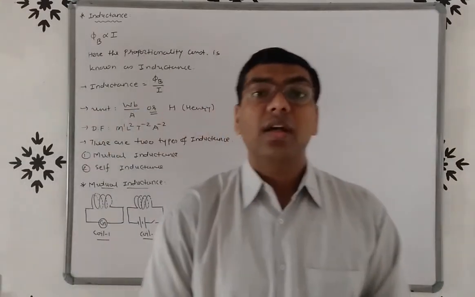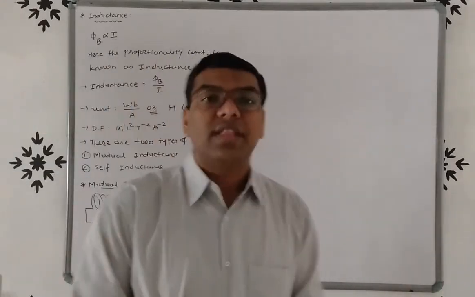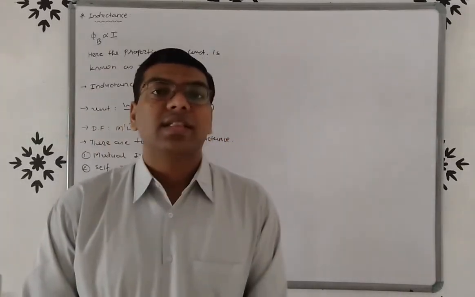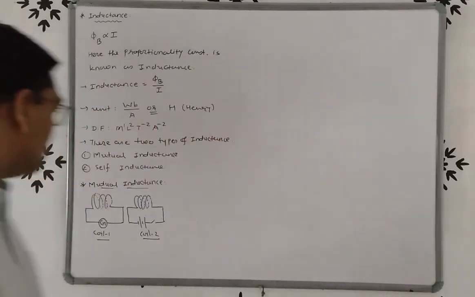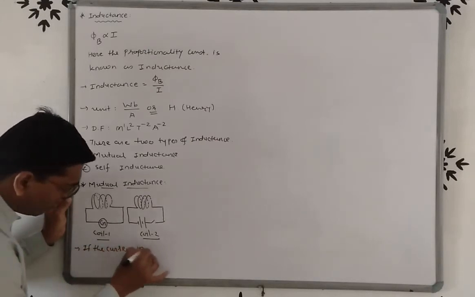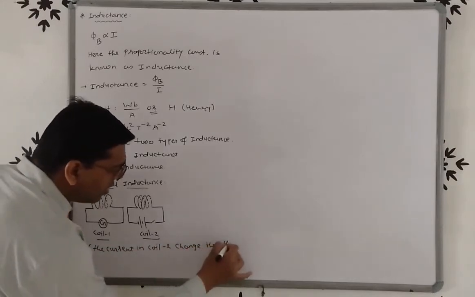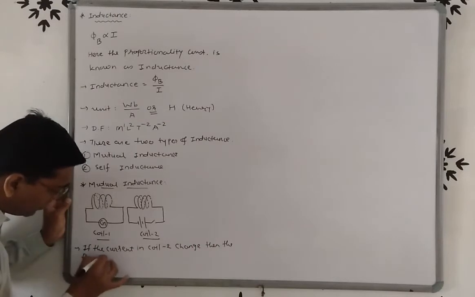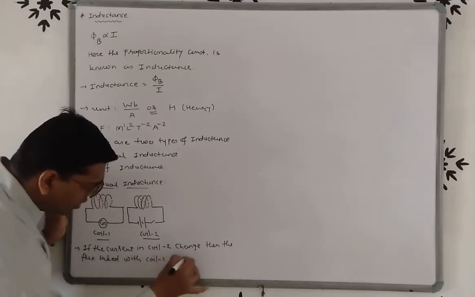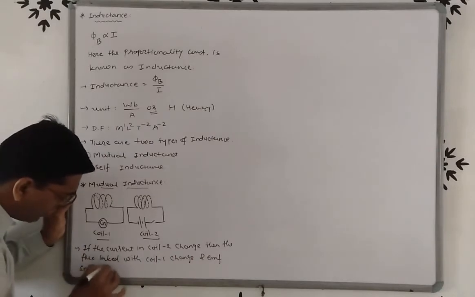Now if the current in coil 2 changes, then we know that the flux linked with coil 1 is changed, and if the flux is changed, then we know that an EMF is induced, right?